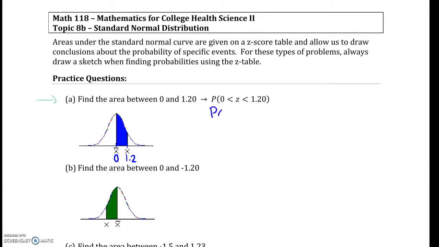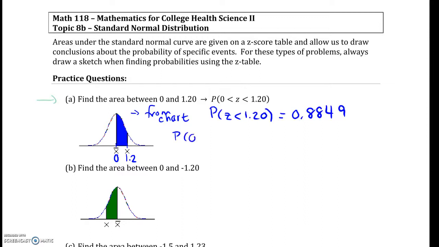So the probability that Z is less than 1.20 is 0.8849. Now, we don't want the probability that Z is strictly less than 1.2. We want the probability that Z is between 0 and 1.2. So that first thing that we found was from the chart, right?